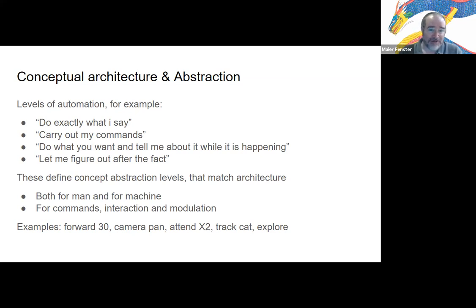So we want to define the commands and the level of automation in such a way that at the beginning we give the command and later a computer gives the command. The type of interaction we want to provide to the human should be similar to the type of interaction that we want to provide to a machine which does interaction.